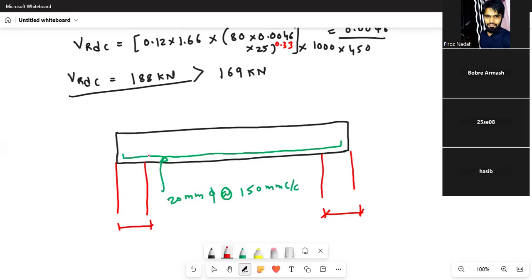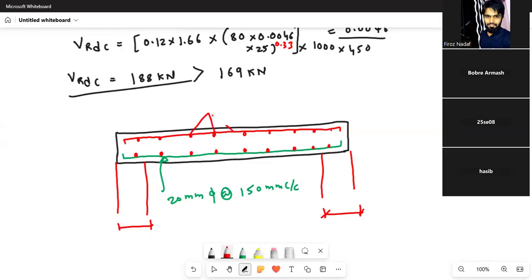Now we need to provide the distribution bar. The distribution bar will be here. It will also be provided in the top and along the transverse direction in the top. All those in the red color are the distribution bars.